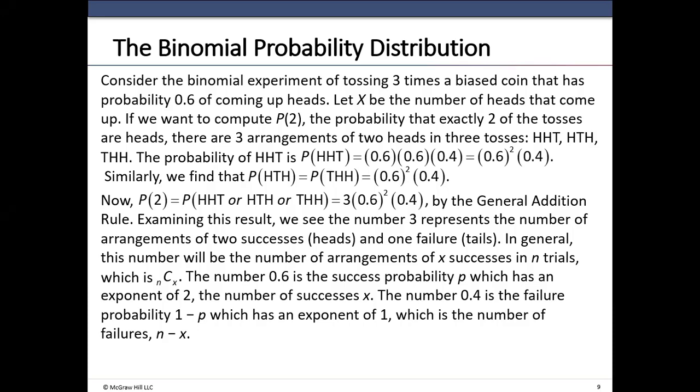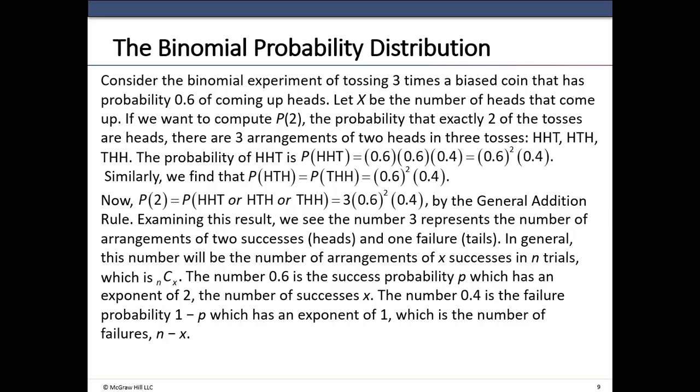Each of them has this probability, and there are 3 possibilities, so it is 3 times 0.6 squared times 0.4. The 3 indicates the combination of X items, in this case 2 items taken out of 3. The number 0.6 is the probability of success, and 0.4 is 1 minus P. The probability of success is raised to the power of 2, the number of successes, and 0.4 is raised to the power of 1, which is the total number of trials, 3, minus 2.